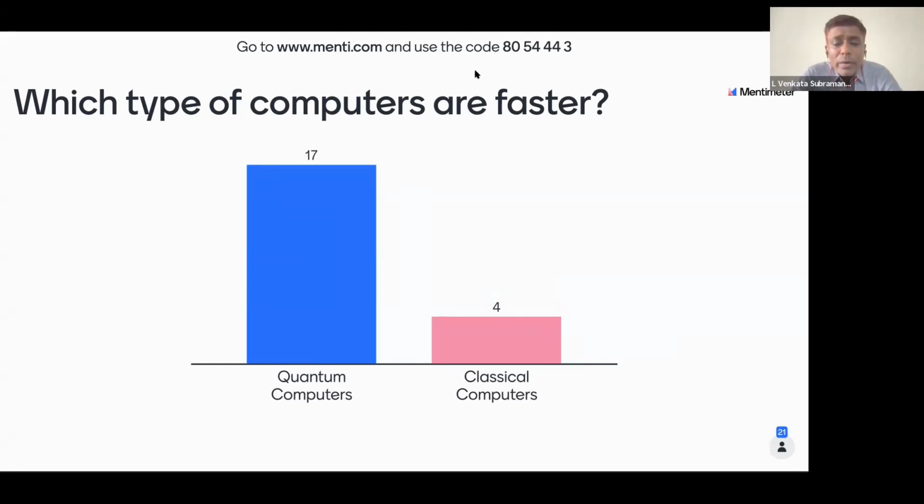So quantum is well ahead, but there are some people who are going for classical. More than two-thirds of the people have gone for quantum, but there are some for classical also.